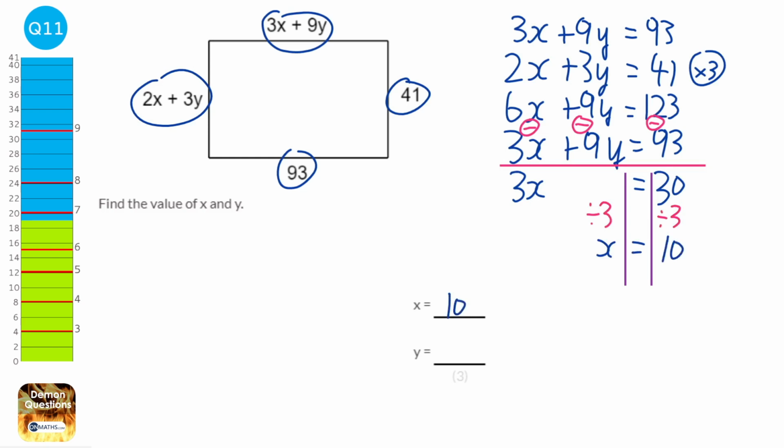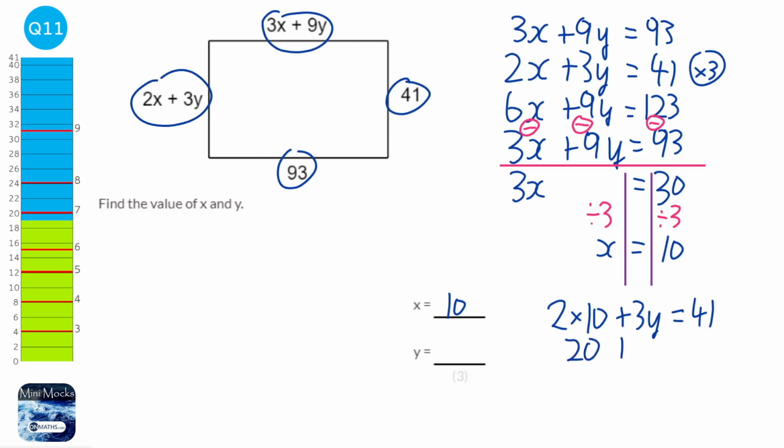So we know what x is, but we need to find out what y is. So what I'm going to do is I'm just going to pick one of the equations. I could pick the 2x plus 3y equals 41 and just substitute the value of x in. So 2 times, instead of x, it's times 10 plus 3y equals 41.